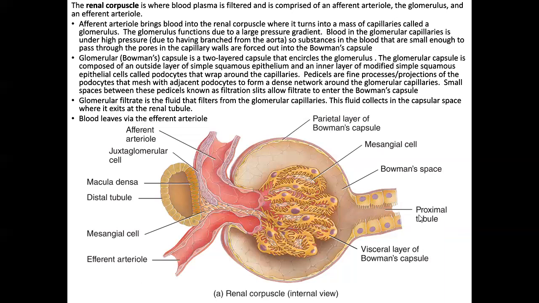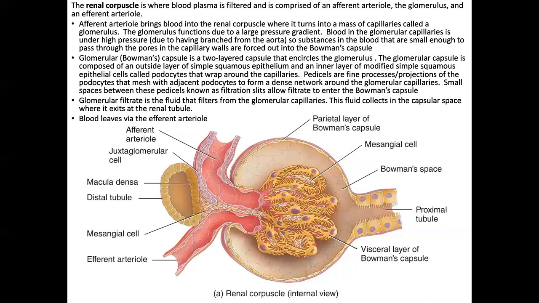What we see here is the proximal tubule. What doesn't leave the blood exits the corpuscle via the efferent arteriole. So all those blood cells and plasma proteins should be in this blood. It shouldn't have nearly as much water, but we're going to see that a lot of that water ends up right back in the blood pretty shortly afterwards.